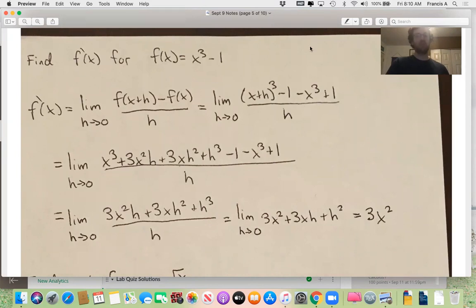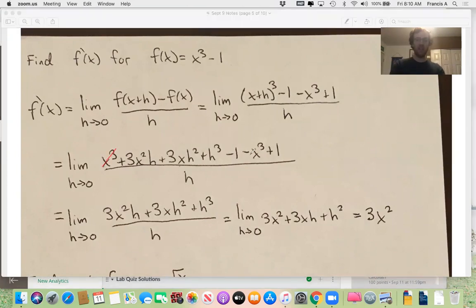And some simplifying steps, which we saw every time we did this when we were getting specific slopes of the tangent line. Anything that doesn't have an h cancels.